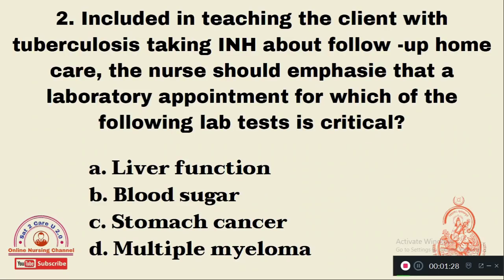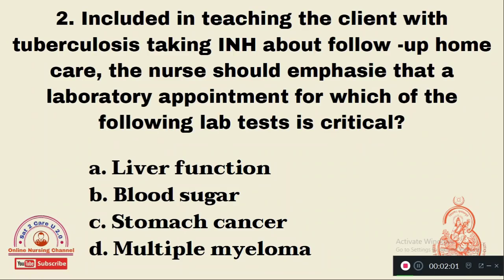Question number 2. Included in teaching the client with tuberculosis taking isoniazid about follow-up home care, the nurse should emphasize that a laboratory appointment for which of the following lab tests is critical? Option A, liver function, B, blood sugar, C, stomach cancer, and D, multiple myeloma.